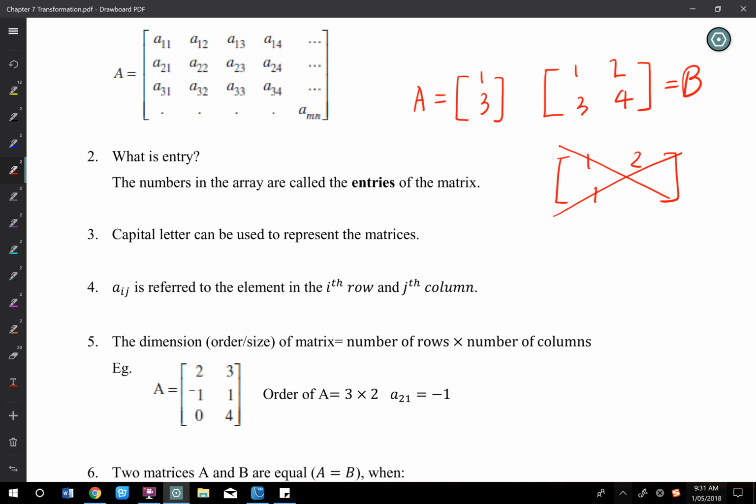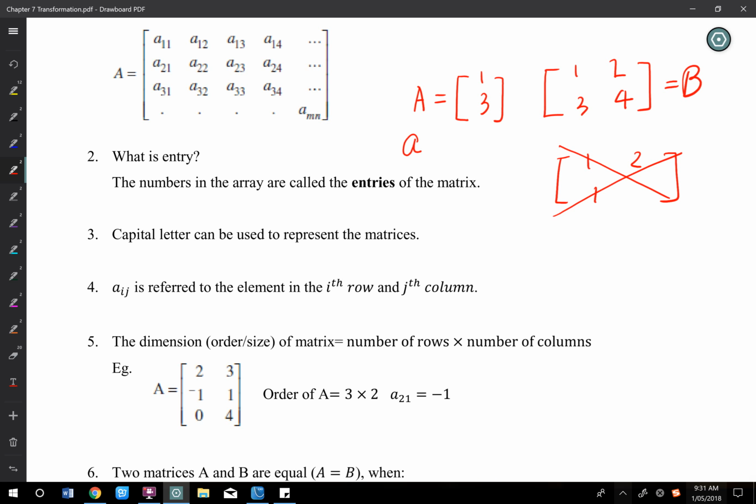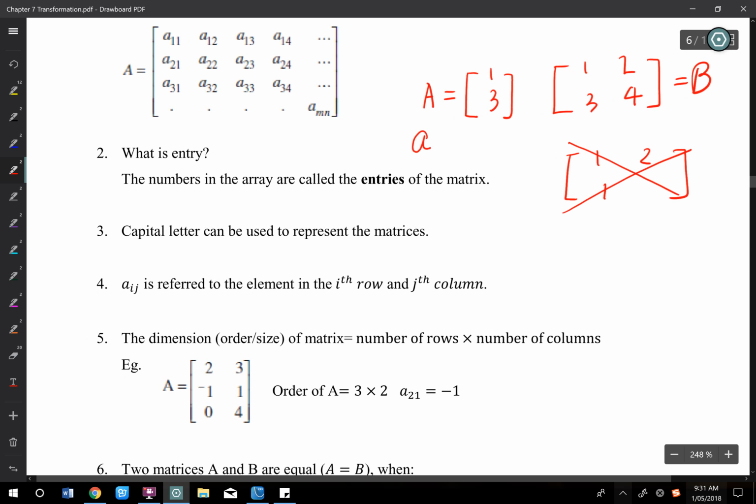if you have many rows and many columns, there are many numbers and people can't find which 3 you are talking about. There are many 3s in the matrix. So I can refer to which row and which column the particular 3 is in. I use a small letter a to represent the element, or entry.